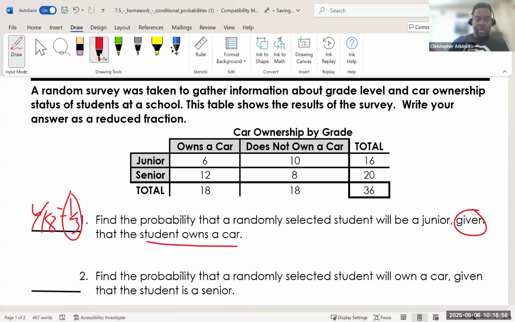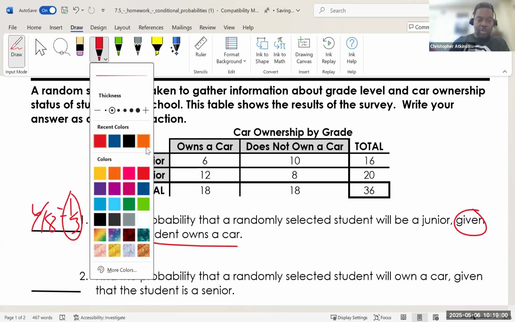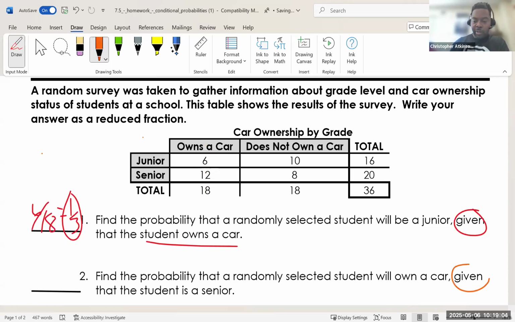All right, same thing is going to go for this one. This time around, we see the given again, but we're going to look at the student that is a senior. So the student that is a senior, I'm now looking here. My total is 20. I have 20 total seniors, but out of those 20, only 12 of them own a car.